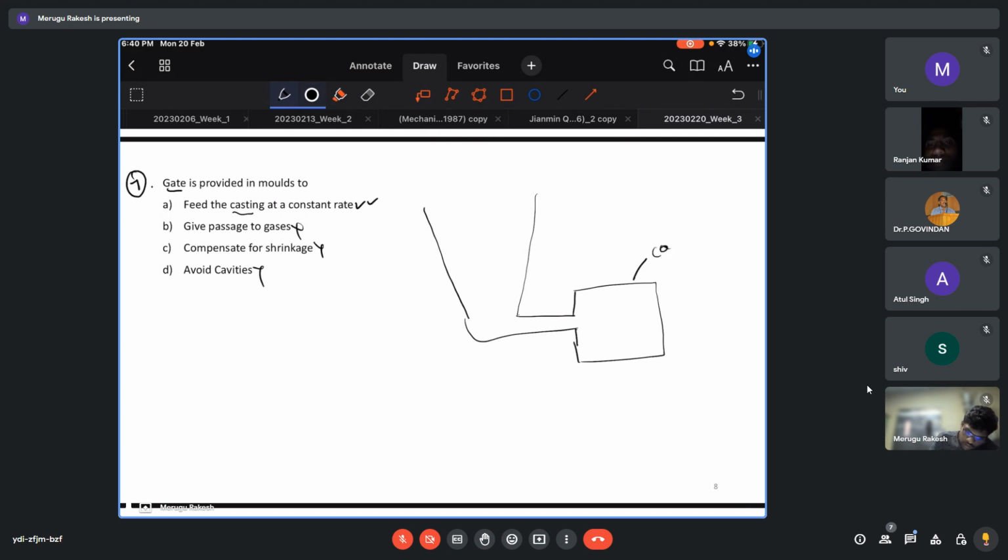So this is the cast, and this is the gate. So this is just to feed the casting at a constant rate. That's the only main purpose of the gate. There is no other purpose for that.